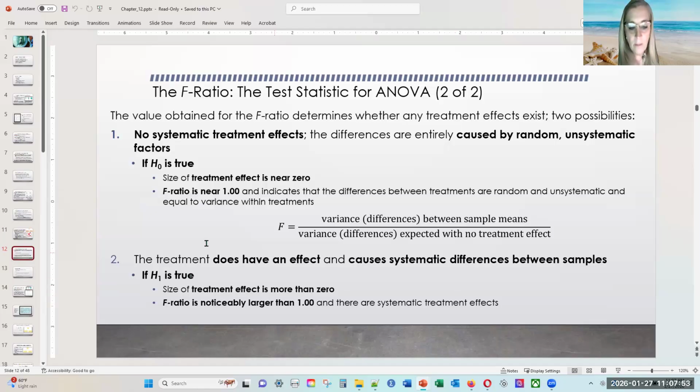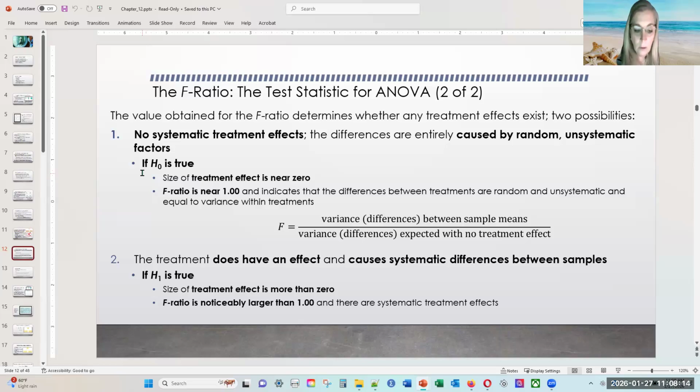All right, so the value obtained for the F ratio determines whether any treatment effects exist. And there's 2 possibilities. There's no systematic treatment effects, and that means that the differences are entirely caused by random, unsystematic factors.